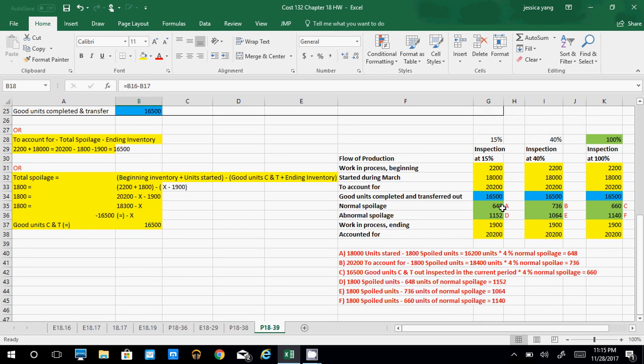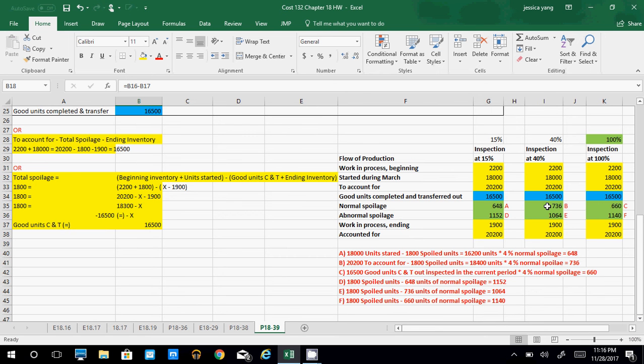Now to find normal spoilage, I've indicated A here, and A is how I found the normal spoilage for the 15% inspection, by taking 18,000 units started minus 1,800 spoiled units, which gave me a total of 16,200 units, and I multiplied that by 4% normal spoilage, which gave me 648 units for my normal spoilage.